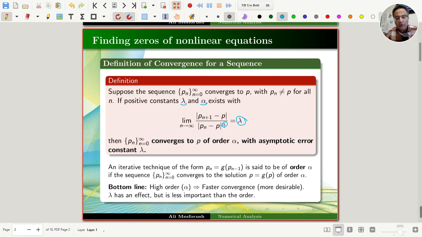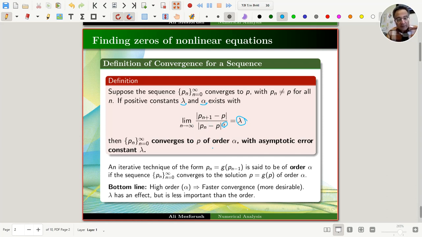asymptotic error constant. So these two concepts are very important when we want to talk about the order of convergence of a numeric method. There are some facts about this limit.